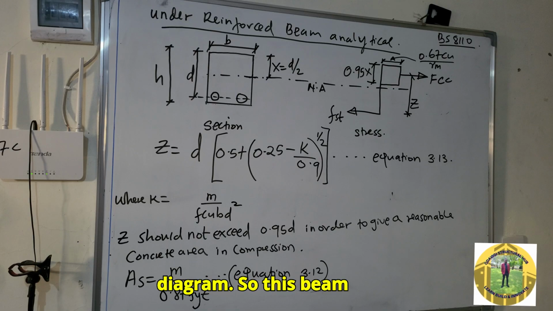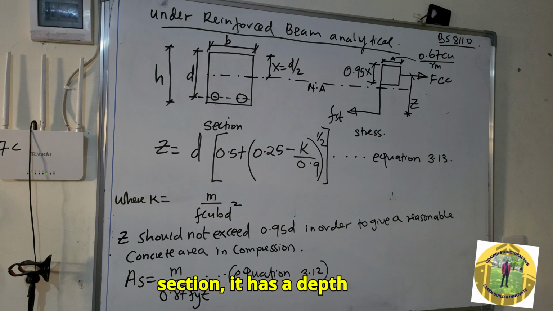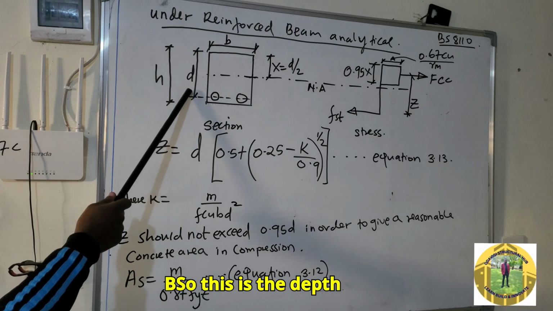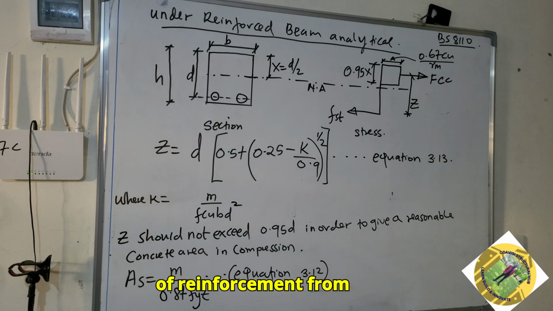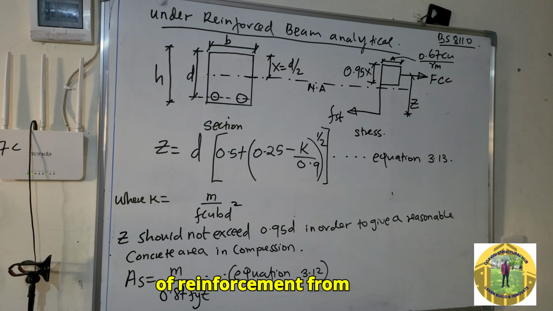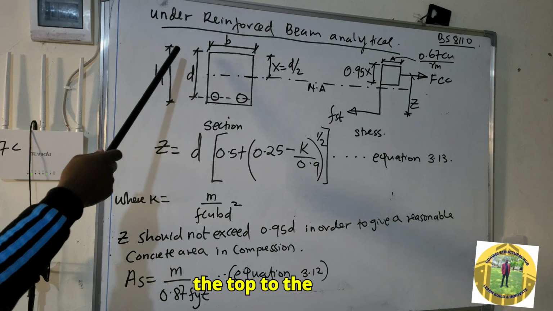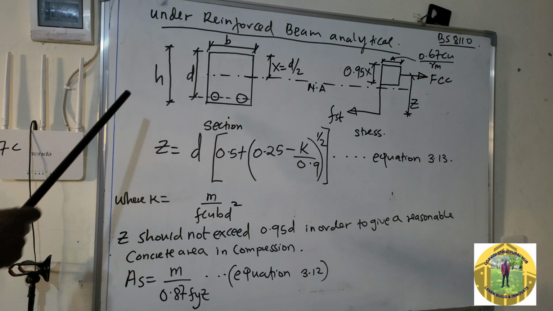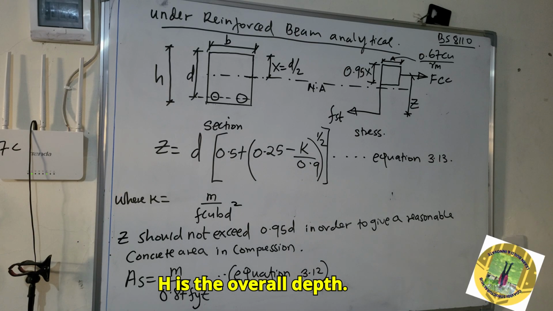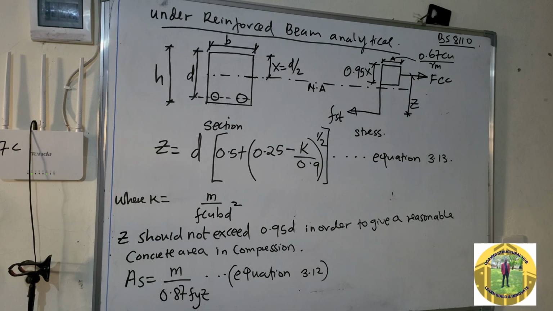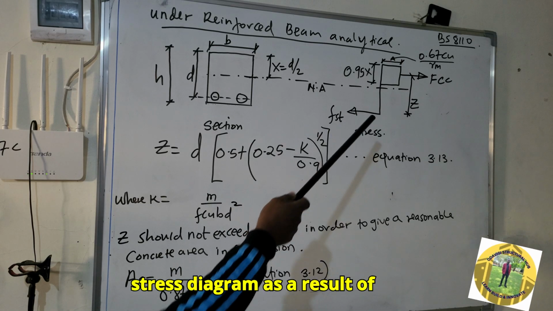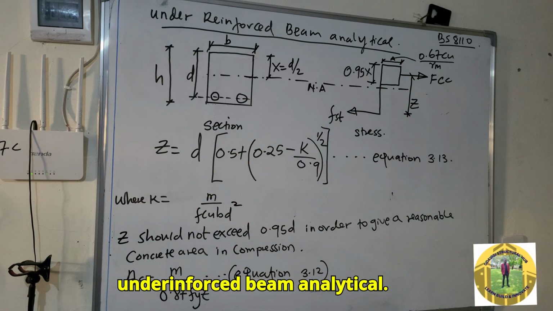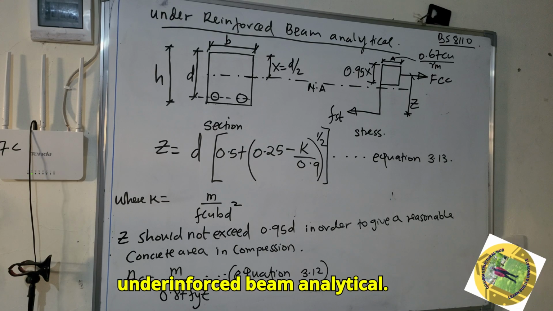The beam section has a depth d, which is the depth of reinforcement from the top to the middle of the reinforcement, and h is the overall depth. This is the stress diagram as a result of the under reinforced beam analytical.